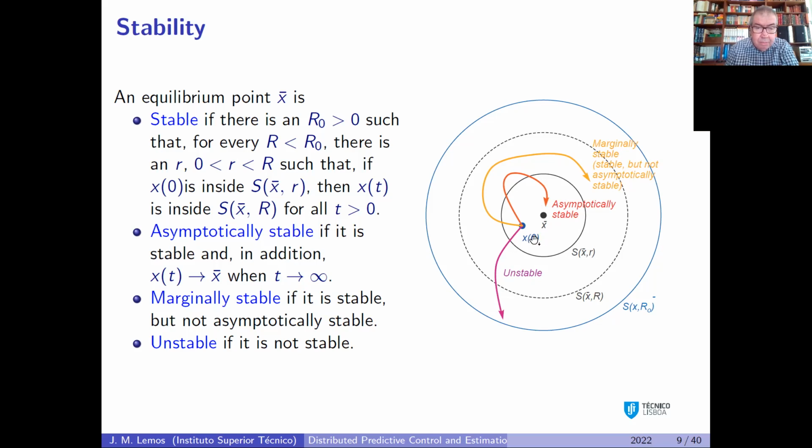Okay? You should bear in mind that this must hold not just for a particular initial condition, but for any initial conditions, apart, of course, from the equilibrium point. We know that at the equilibrium point, if you start there, you stay there. Okay? A point is unstable if it is not stable.